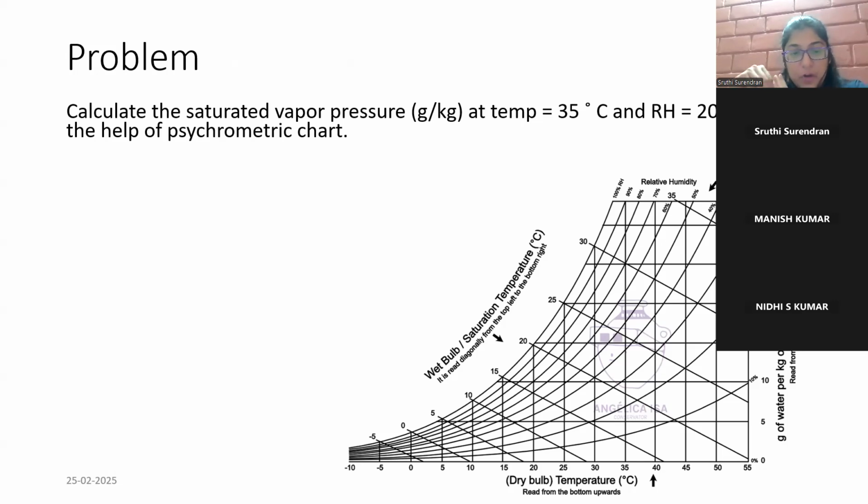I also gave a formula in the beginning: relative humidity is equal to actual vapor pressure divided by saturated vapor pressure, times 100. You can also use that. Here we are asking to find the saturated vapor pressure, so you can use that also.